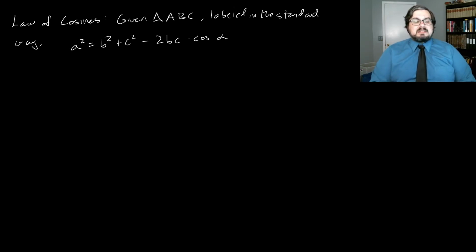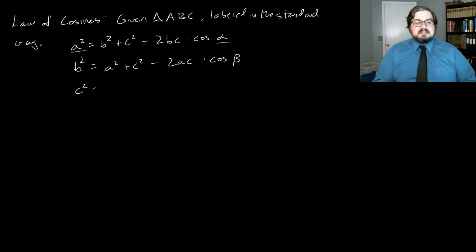So when we look at this pattern, the thing that we notice is that the side length sitting on the left side of this equation is the one opposite the angle that goes inside the cosine. So following the same pattern, we have that b squared is equal to a squared plus c squared minus 2ac times cosine beta.